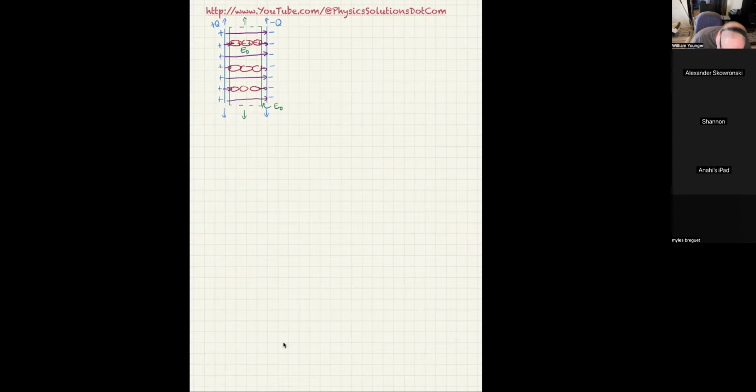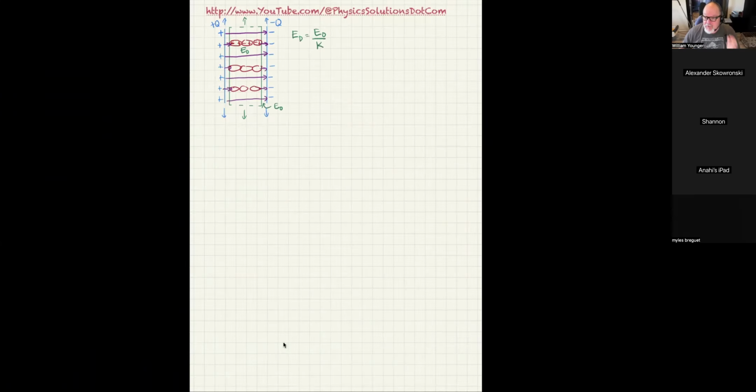So going on what we just learned, we found that the electric field strength in the dielectric is equal to the electric field strength that the capacitor had without the dielectric divided by the dielectric constant.